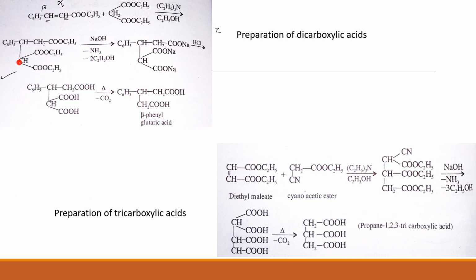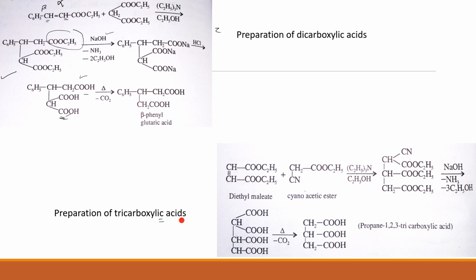So this is your Michael adduct, and then comes hydrolysis. What is it going to give? It's going to convert this into your carboxylic acid. So that is what we got here. And on heating, what are we going to get? CO2 will be removed. So we are just removing one CO2 from here, and you're going to get this structure, glutaric acid.